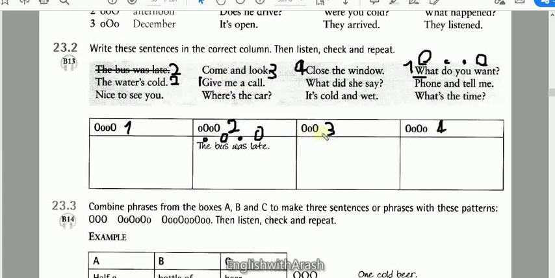So choose between 1, 2, and 4. Layla said 4. Give me a call.